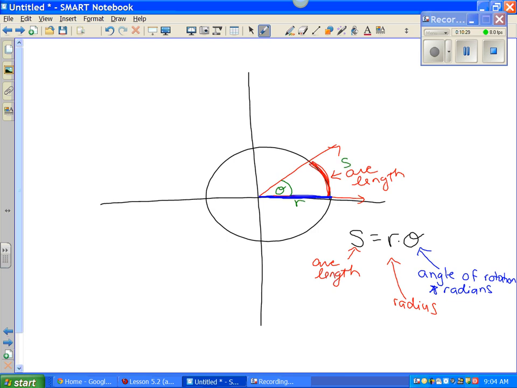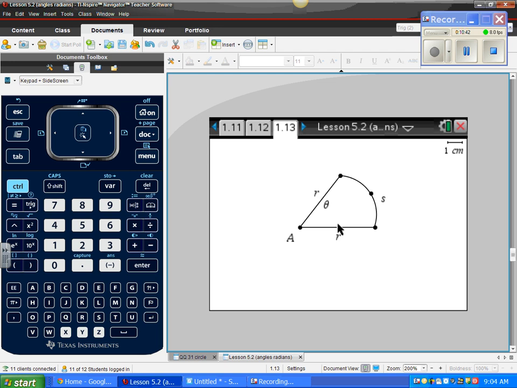All right, S equals r theta. Arc length equals the radius times the angle of rotation. Okay, so let's learn how to use it. All right, so that's just a picture of what you already know. We have some keywords that are going to go along with these types of problems.